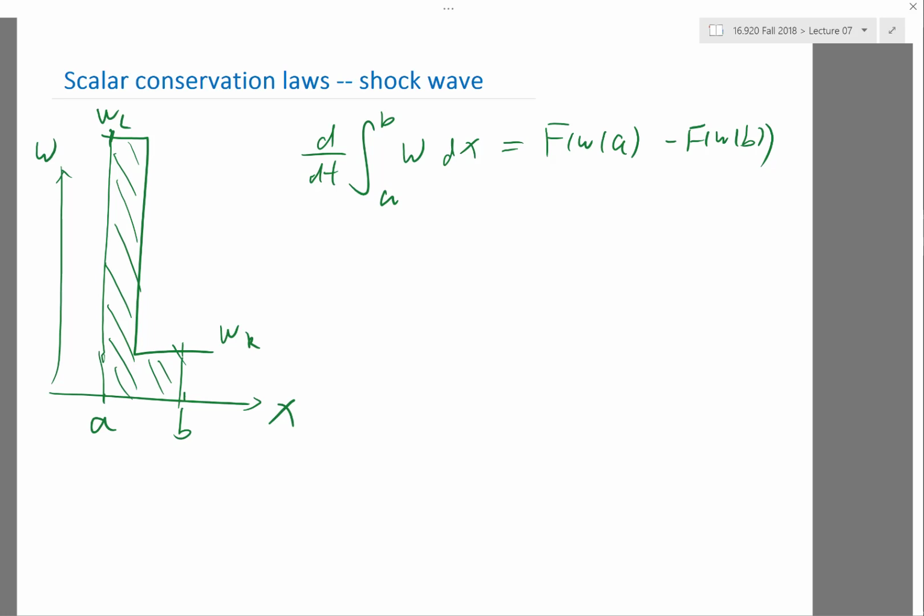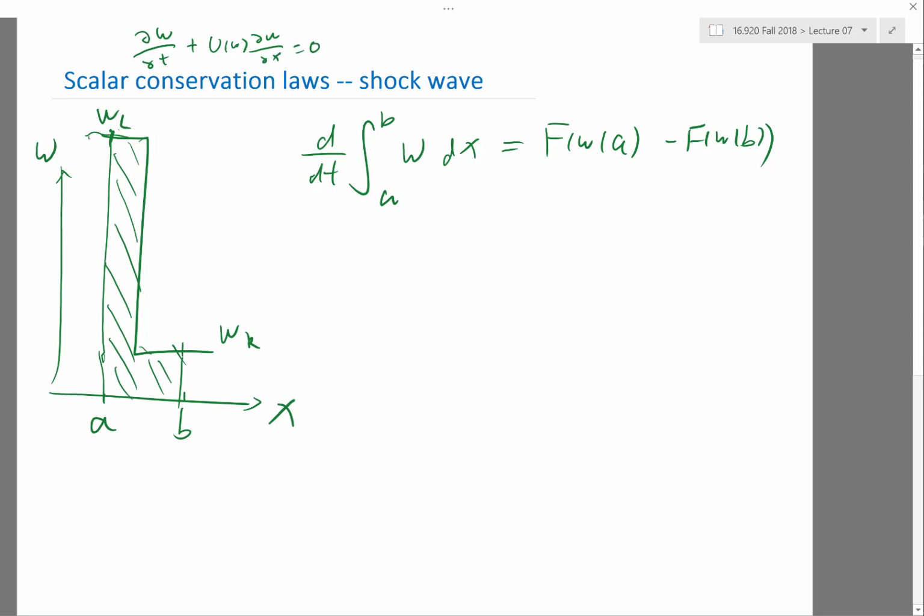First of all, if I zoom into the shockwave enough, the left and right of the shockwave are going to look flat anyway. According to the behavior of the smooth region, if you look at the differential equation, dW/dt plus W dW/dx equal to 0.